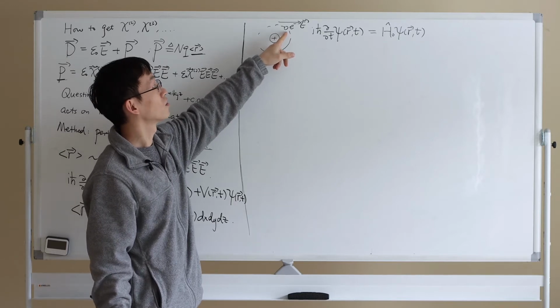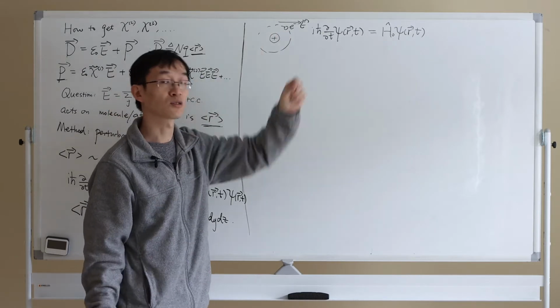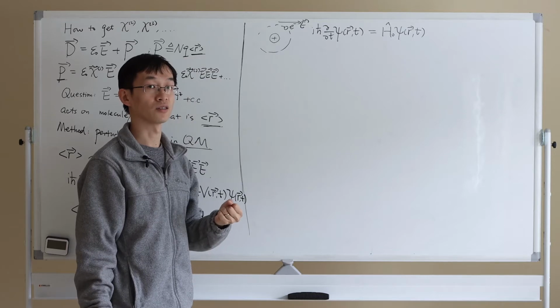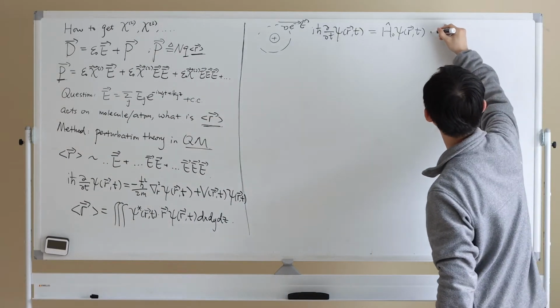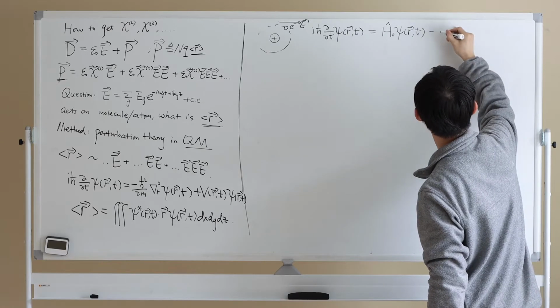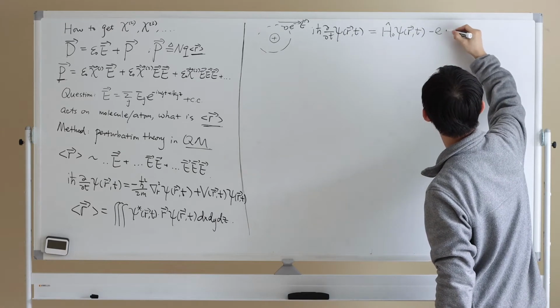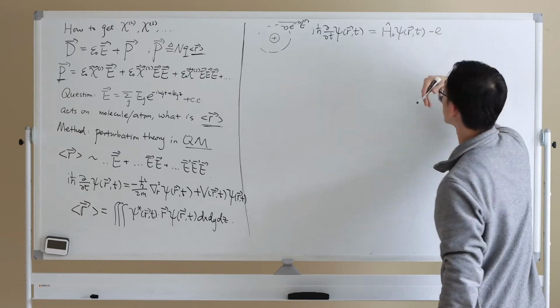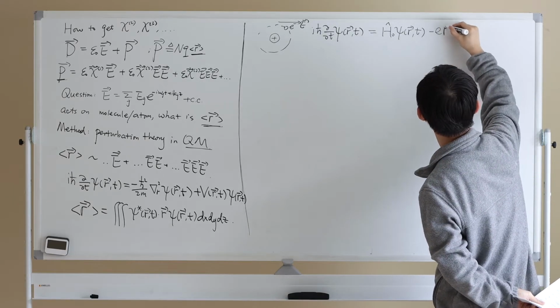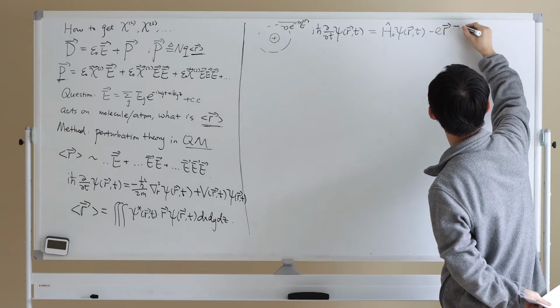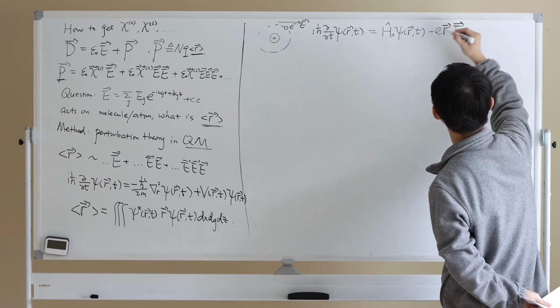And when you have an electron in the electrical field, you have potential energy, right? So here, because it's an electron, there's a minus sign here, e. And then your potential energy is your position r times the electrical field itself.